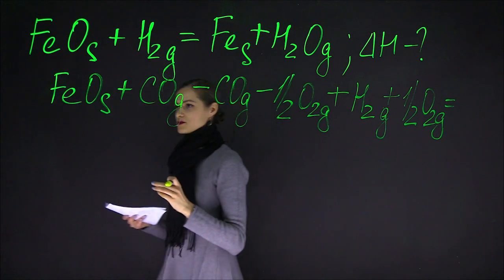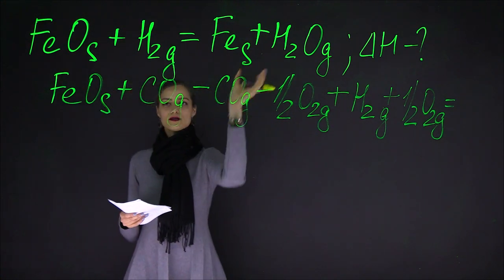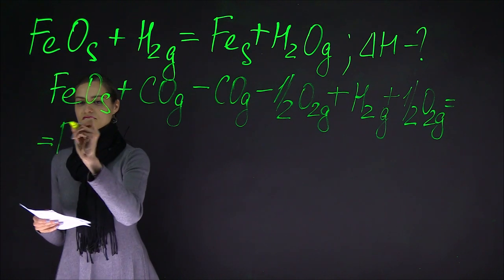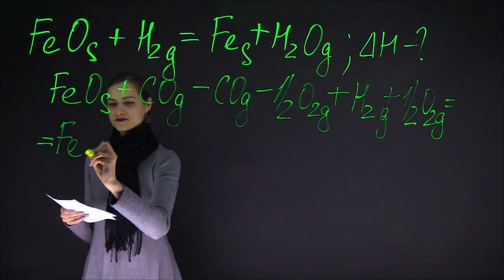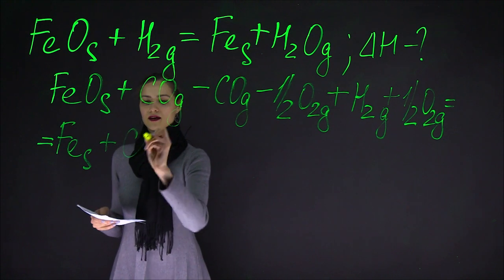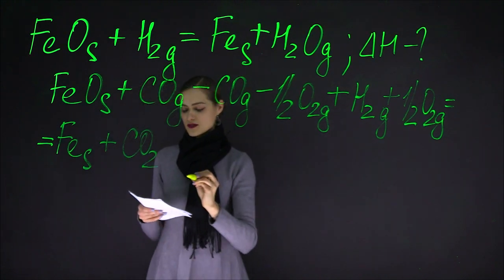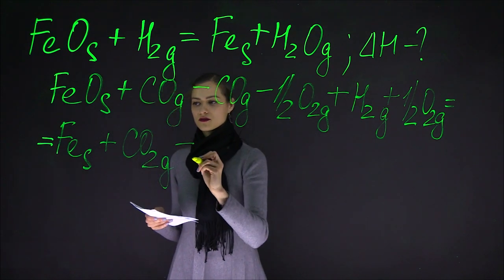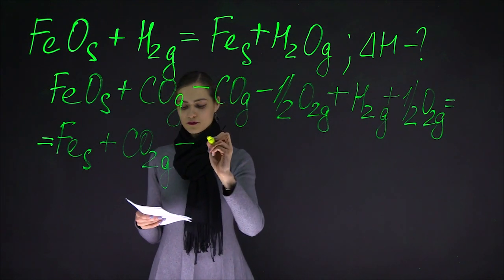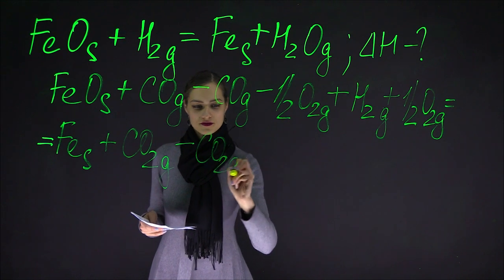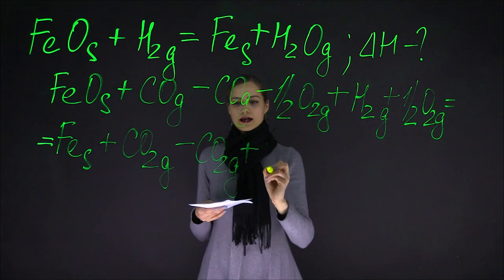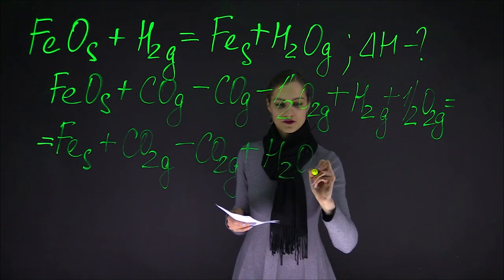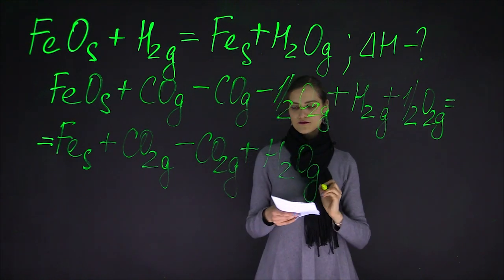Now let's make the same algebraic operation with the right side of our equations. So we have pure iron in solid form, carbon dioxide in gaseous form. Second equation, you remember we subtract, so we have CO2 once again, and plus 1 molecule of pure water in gaseous form.